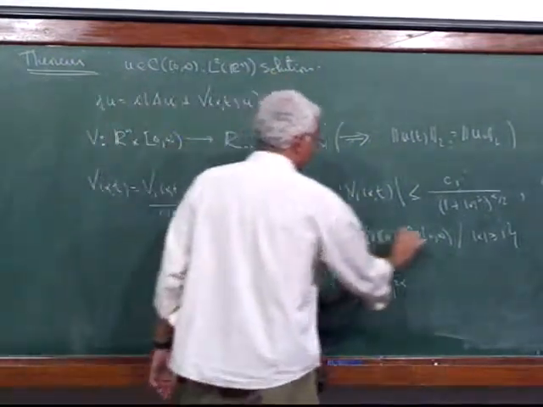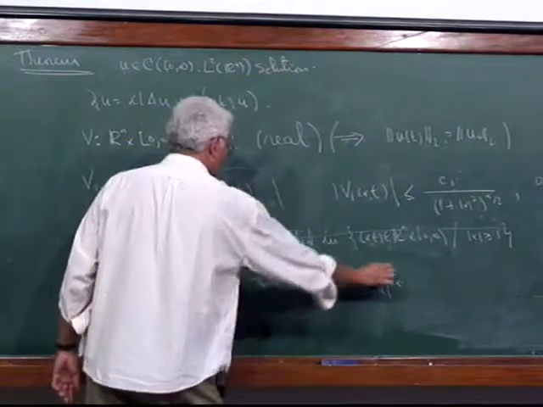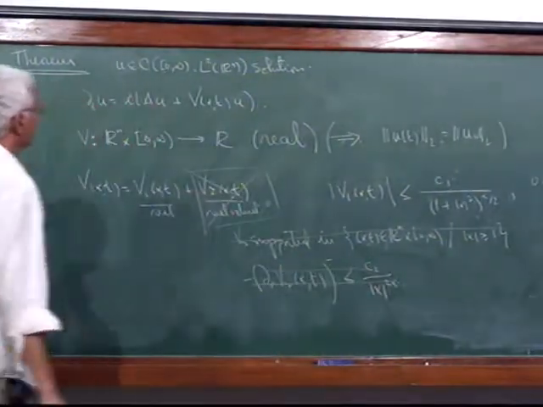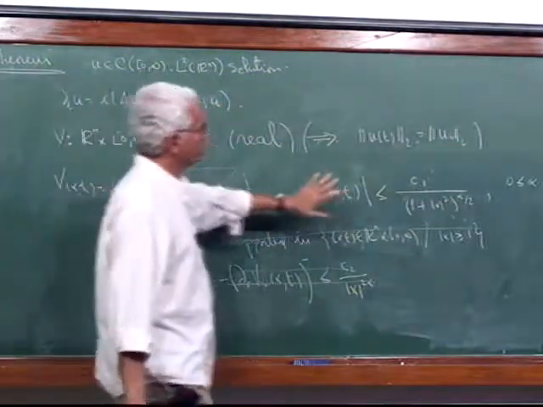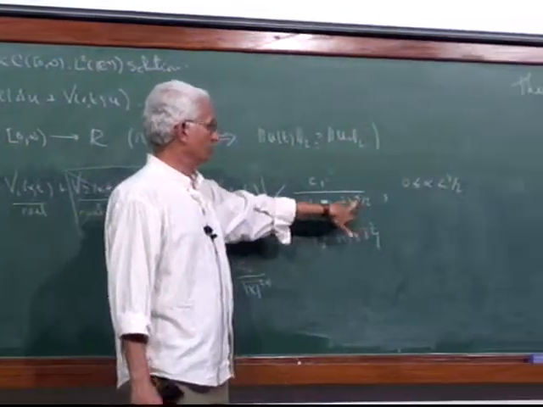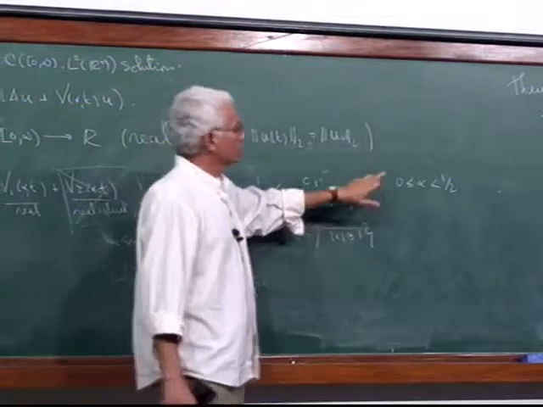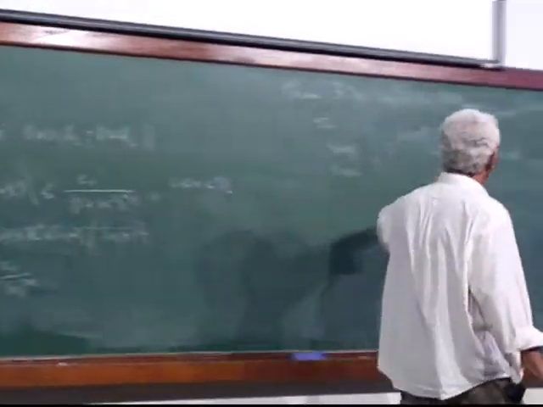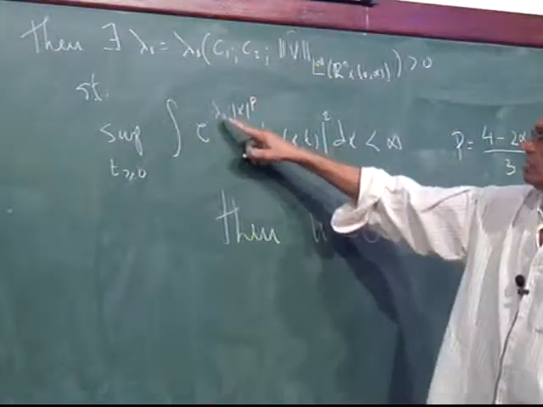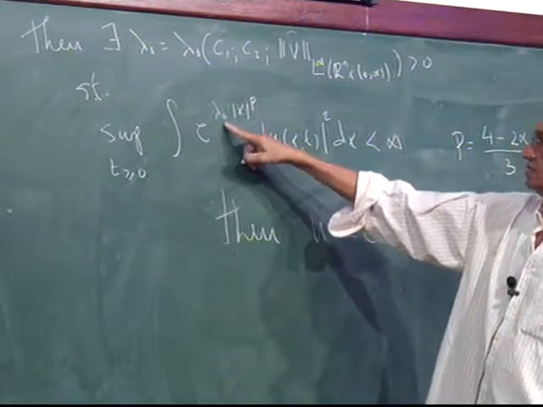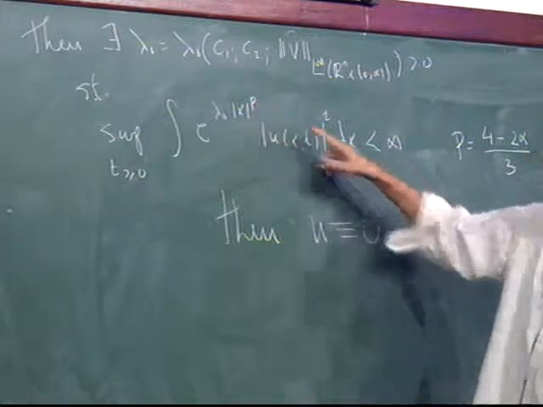This guy is not there. This guy is not there. Suppose that you have a potential, and the potential is just bounded. Alpha is equal to 0. Then if alpha is equal to 0, you cannot have a solution that belongs for all time to decay here for 4/3.